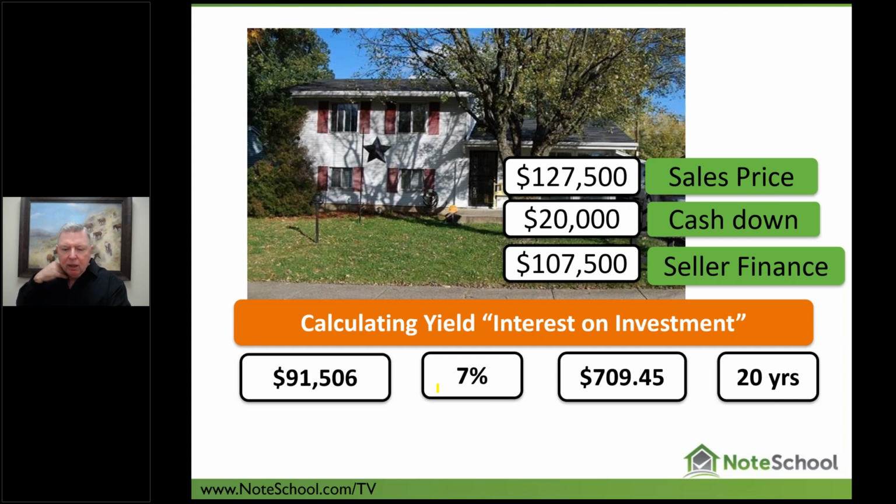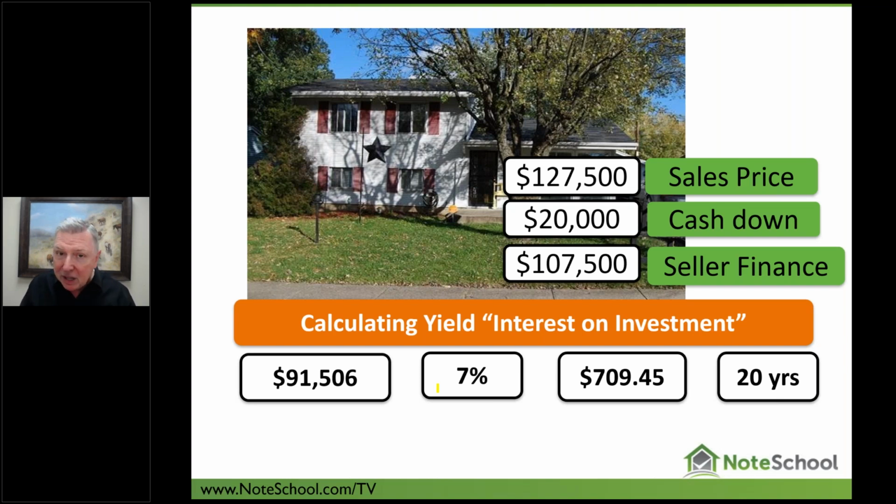We have a sales price of $127,500. We have a cash down payment of $20,000. We have a seller finance note. In other words, the seller financed the sale of the property for $107,500. Now, remember this, we bought the note at a discount.